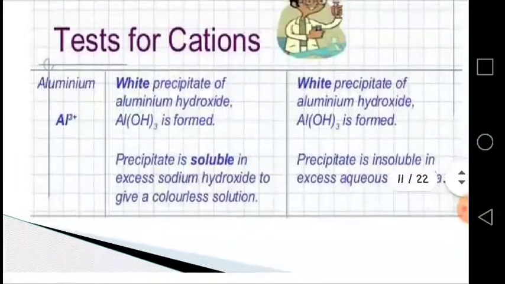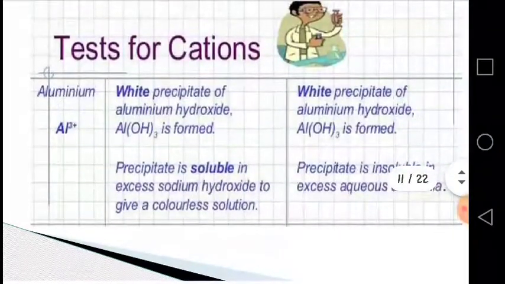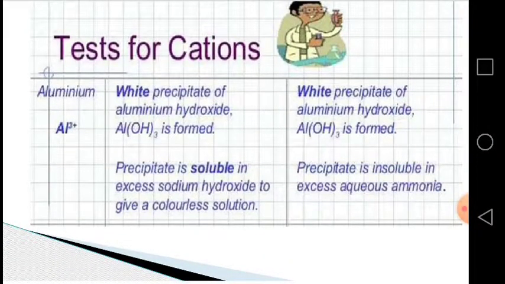Dear students, to identify the difference between zinc, calcium and aluminium, because these three ions form white precipitates with sodium hydroxide and aqueous ammonia.